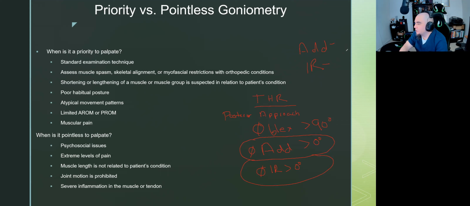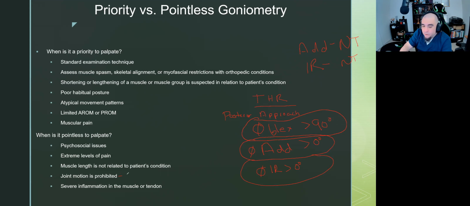Because you'll see this on the chart a lot. You'll see NT. NT literally means not tested, right? And so if you've got a patient that's got a total hip replacement, we can't do those range of motions with them. We've got to say, okay, we're not going to test those 2 range of motions. We're only going to test whatever we can. And then hip flexion, we're only going to test the 90.